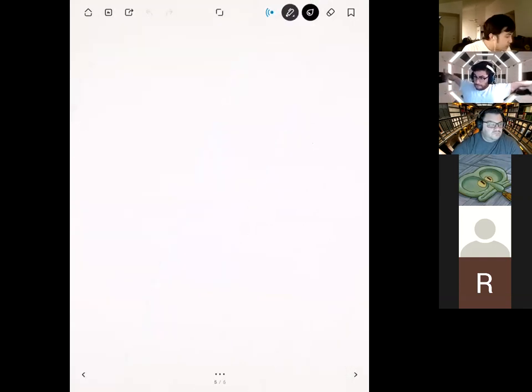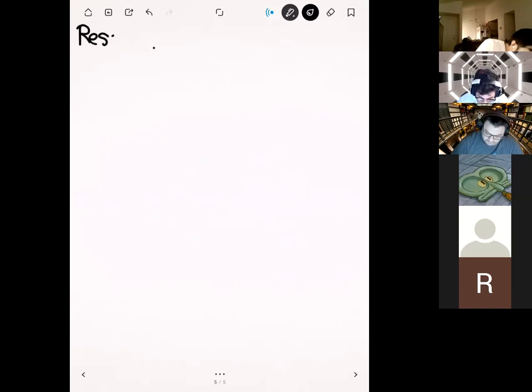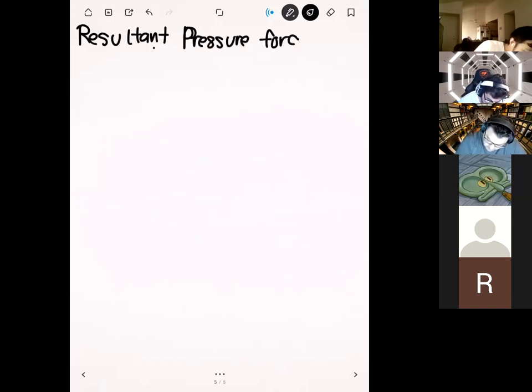Okay, so let's summarize the things that we're interested in solving for. We want to solve for the resultant pressure force. We're interested in three things for this force.